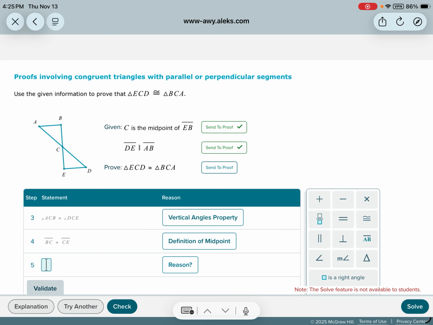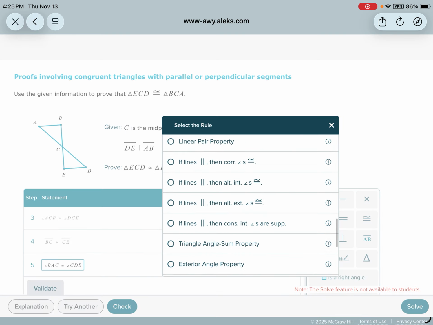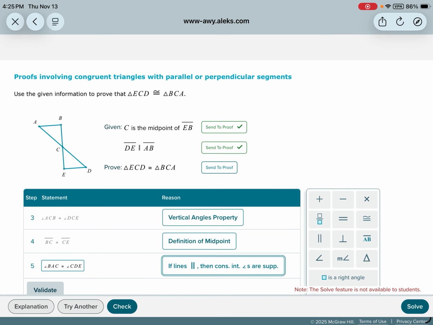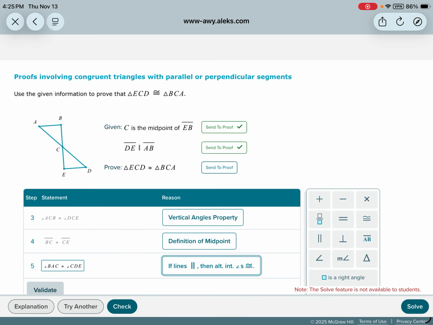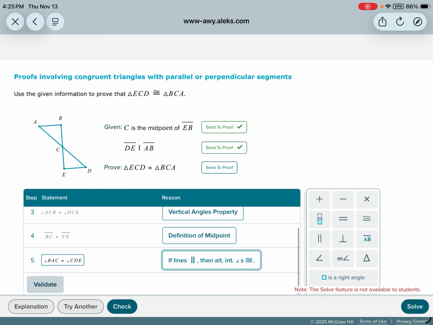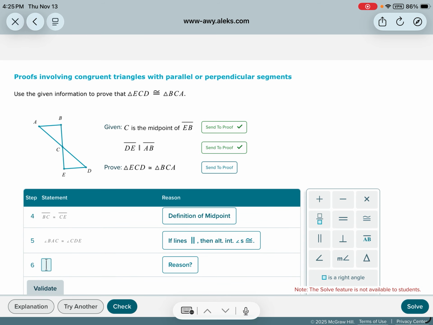Okay. And last, we're using those parallel lines. So let's do angle BAC congruent to angle CDE. And we're going down to those ifs because parallel lines: if lines are parallel, then alternate interiors are congruent. Validate.